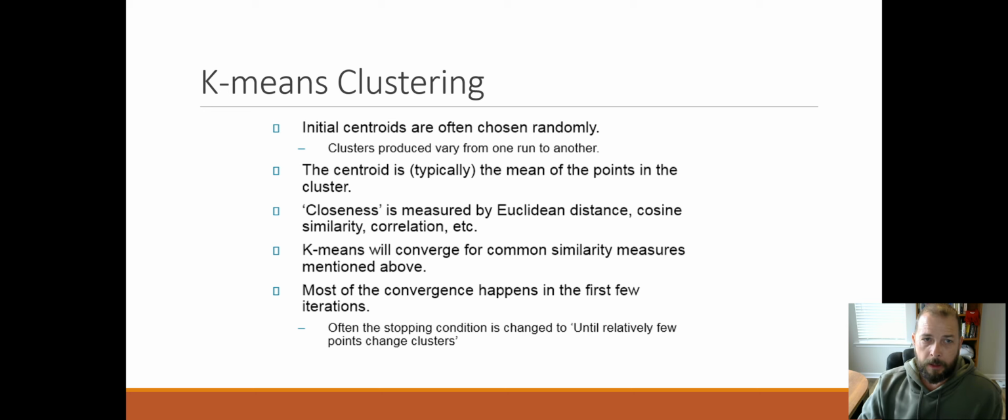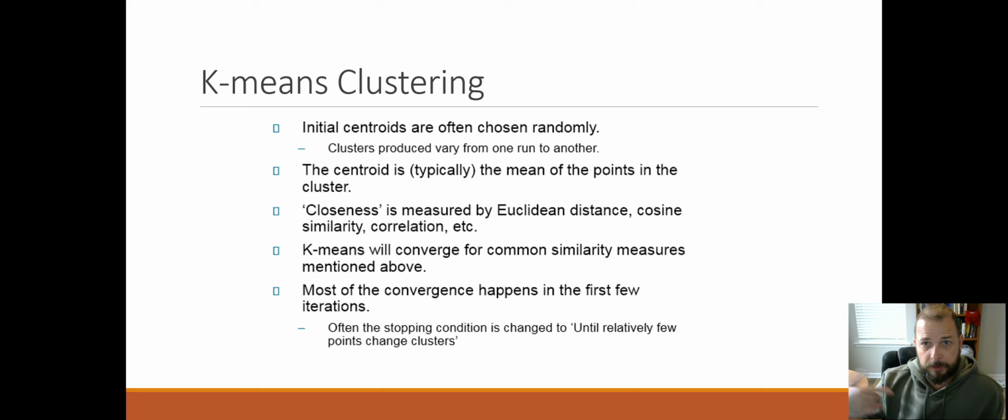With k-means clustering, initial centroids are oftentimes chosen randomly, so where those centroids get placed in the initial training is oftentimes randomized, and each iteration may vary from one run to another. I'll have a visual here in a second that illustrates that.